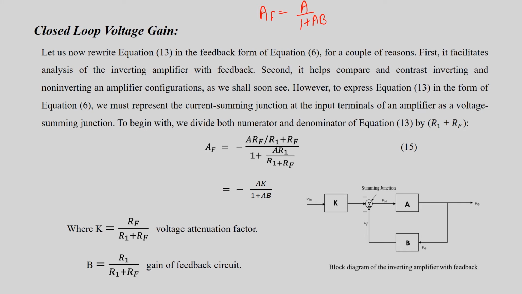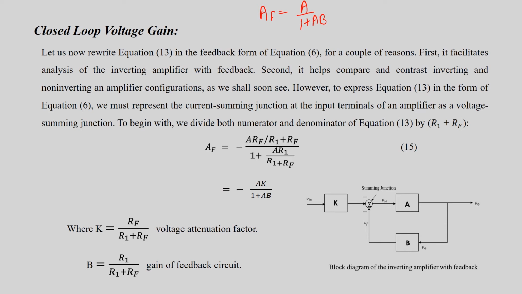It also helps to compare and contrast inverting and non-inverting amplifier configurations. So here, to begin, we divide the numerator and denominator by R1 plus RF. So AF becomes ARF over R1 plus RF, divided by 1 plus AR1 over R1 plus RF, with a negative sign.